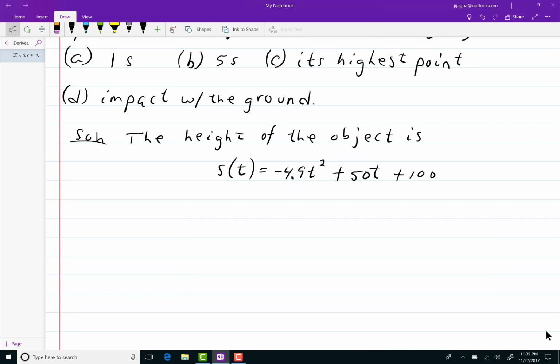So, we're finding the instantaneous velocity, so let me remind you of that.